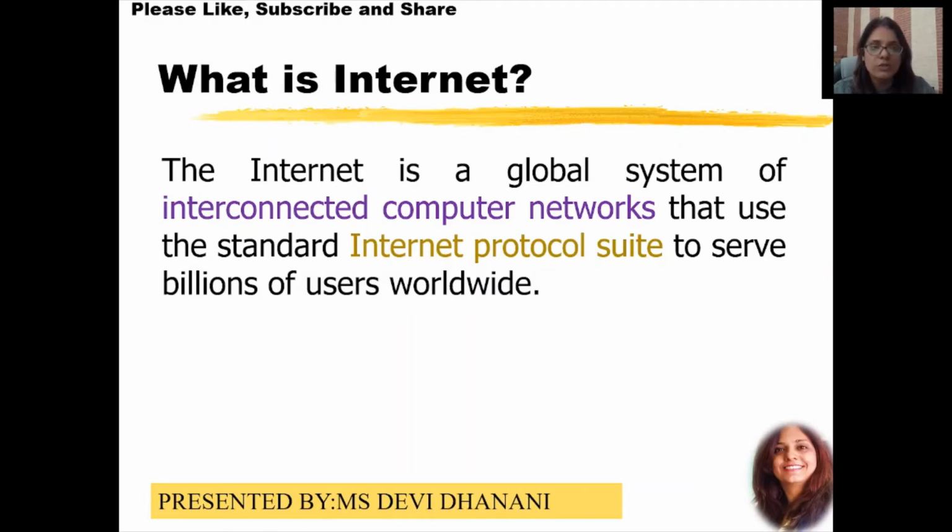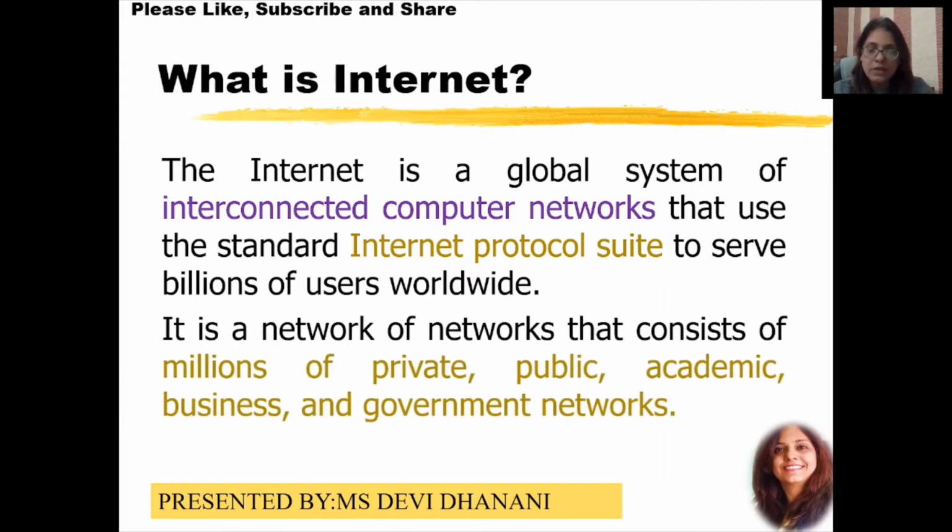Computers all over the world are connected, and they use a standard internet protocol suite to serve billions of users worldwide. When we talk about interconnected computer networks all over the world, this includes private companies, public and academic organizations, businesses, and government networks as well.